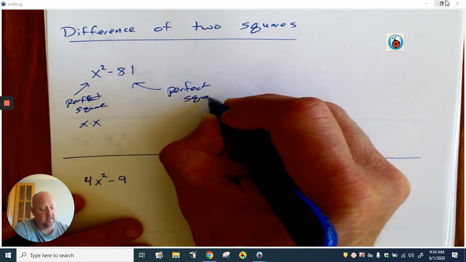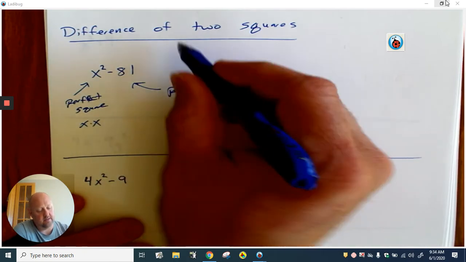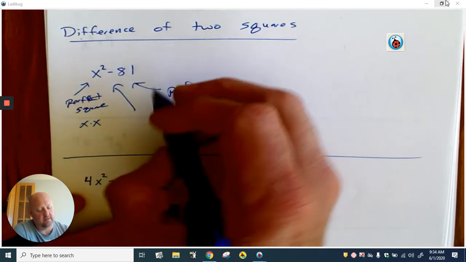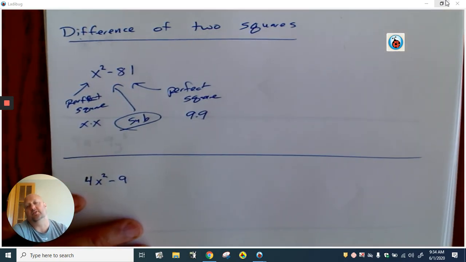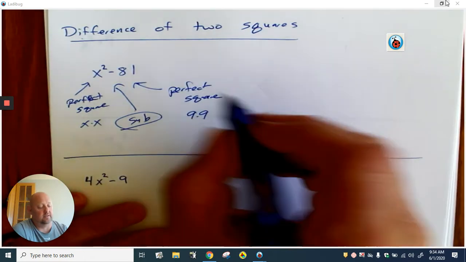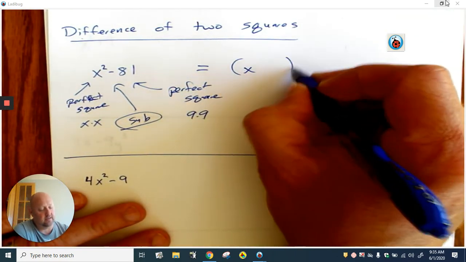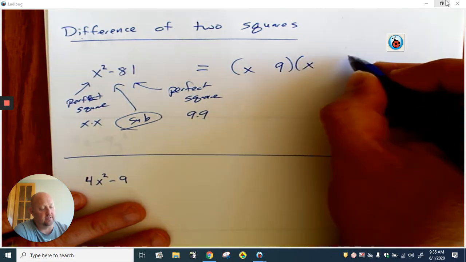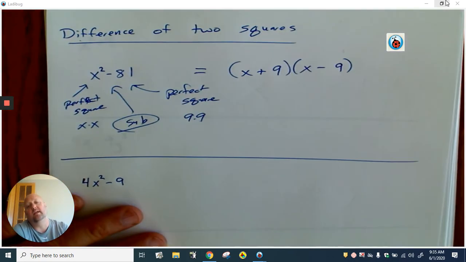Again, 9 times 9 is 81. And difference means subtraction. It has to be subtraction. If that is the case, then it's going to factor immediately into x and 9, x and 9. You will have one positive sign and you will have one negative sign.